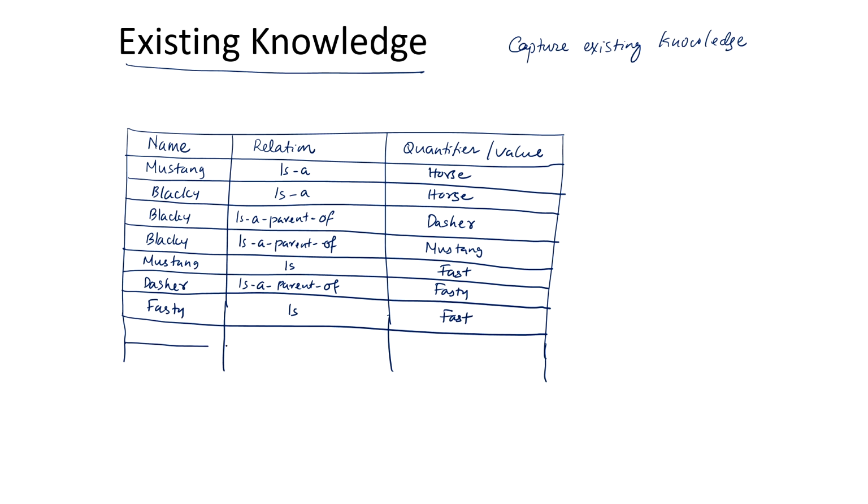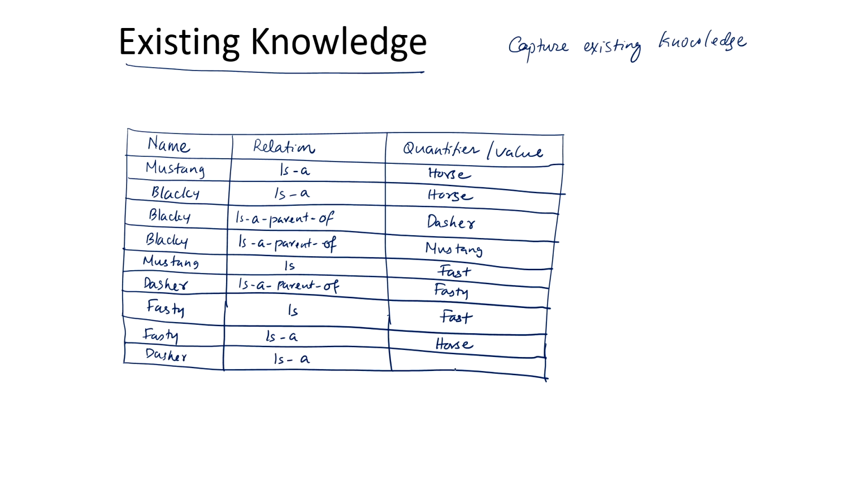Then Fasty is a horse, and Dasher is a horse. If you look into this table, you can see you have 9 rows of knowledge, facts, and information being stored in the form of a table. It is somehow captured in the system.